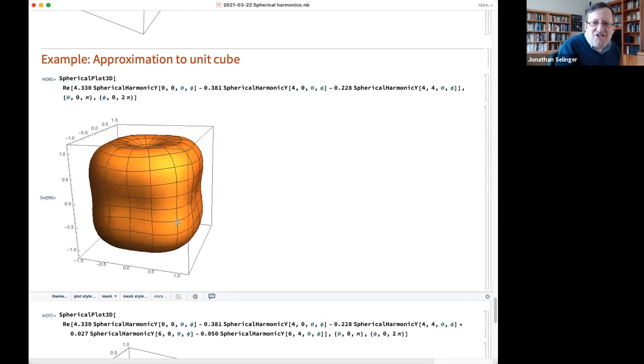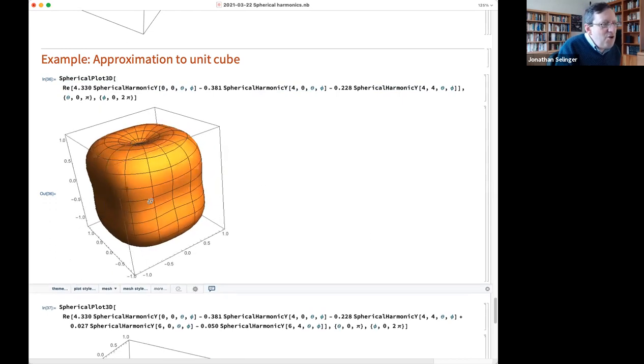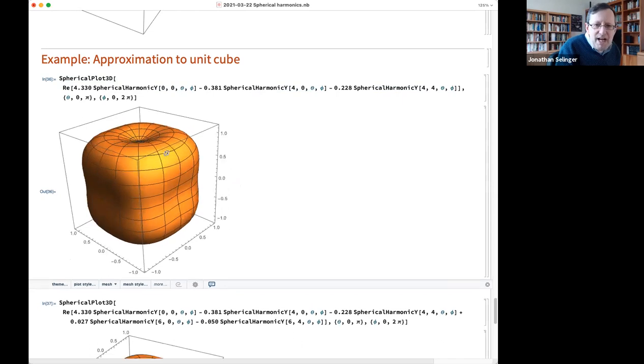You can see it has the symmetry of a cube, but the corners are really rounded off, and the edges are really rounded off. That's because 4 is not a big enough number to represent sharp things like corners. So if I wanted to make sharper corners, I have to go to more terms in the series.